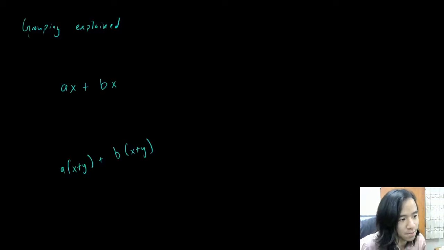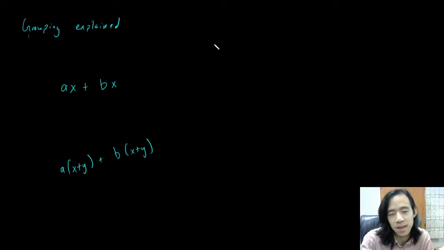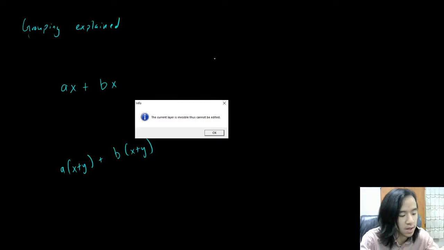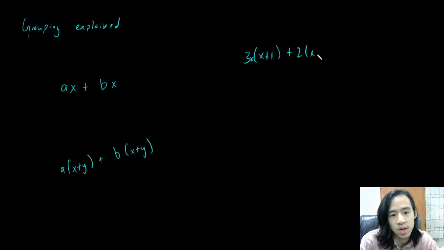So here's the first example. Kind of. I'm just going to explain grouping a bit. I think it's kind of confusing because a lot of times, we get to a step where you have something like 3x times x plus 1 plus 2 times x plus 1.